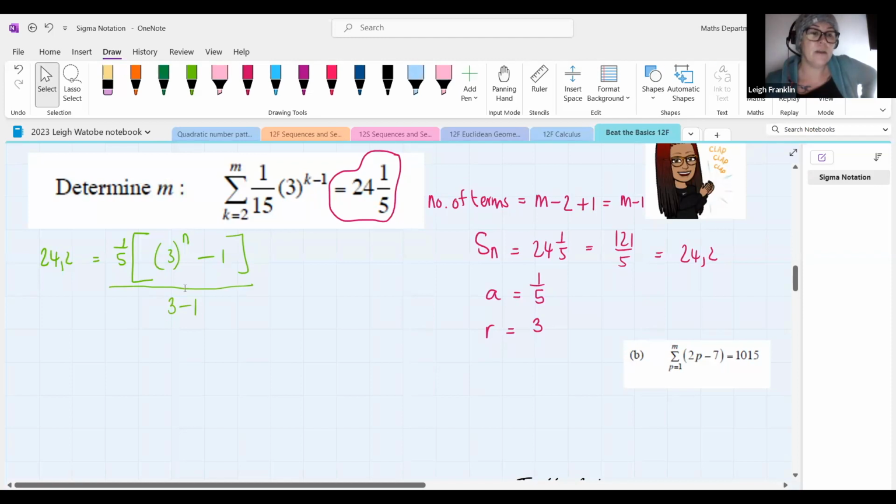Now, in the denominator here, this is 2. 3 minus 1 is 2. I'm going to cross multiply 24.2 with 2.